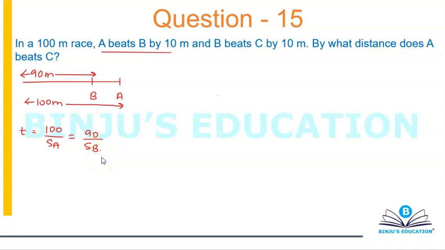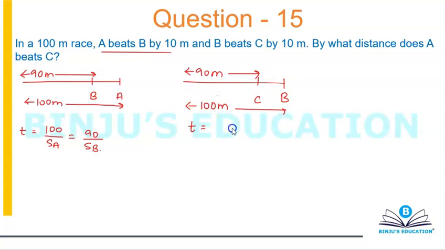Sorry, A beats B by 10 meters and B beats C by 10 meters again. So when B will finish the race, at that time C would have covered only 90 meters. The same concept again.